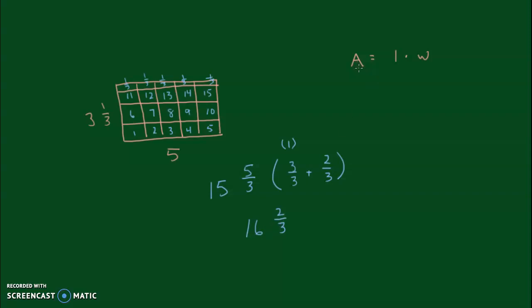Or if we thought about it as area equals length times width, it's a little bit different with our fraction here. But to think about this, we would do it in two different ways, and hopefully this is clear when I write it. So we could go 5 times 3, which is 15. Then we have to take our 5 and multiply that by our 1/3.